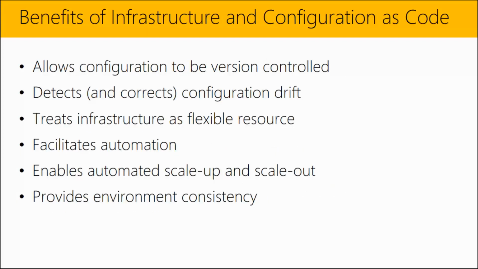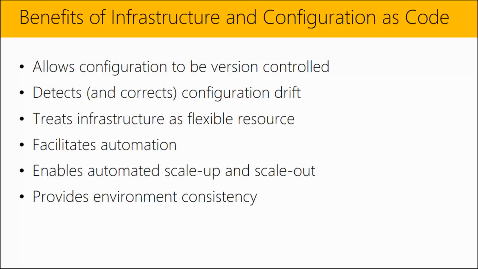A few benefits of infrastructure and configuration as code. It allows configuration to be version controlled, and detects and corrects configuration drifts. It also treats infrastructure as a flexible resource, so you can add VMs, you can remove VMs, for example, or hardware itself.